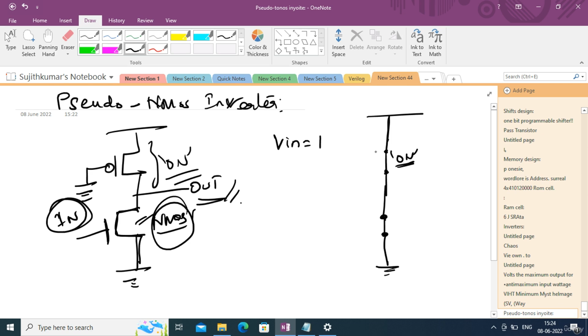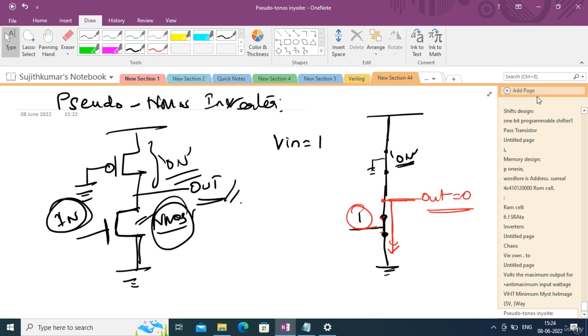PMOS is always on because it is grounded, and the NMOS is on since you have made Vin as 1. The NMOS is on, so both are shorted. So the output will be pulled down, right, because NMOS is more dominating compared to PMOS, so the output will be pulled down. When you apply 1, you'll be getting 0. So that's how inversion happens.